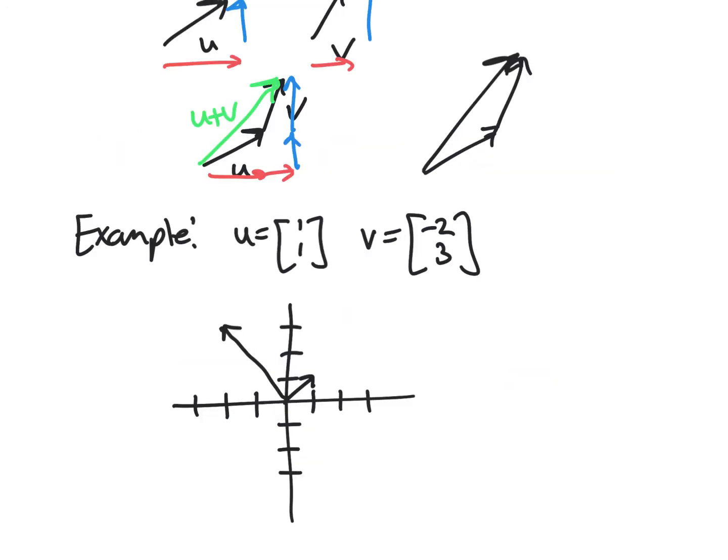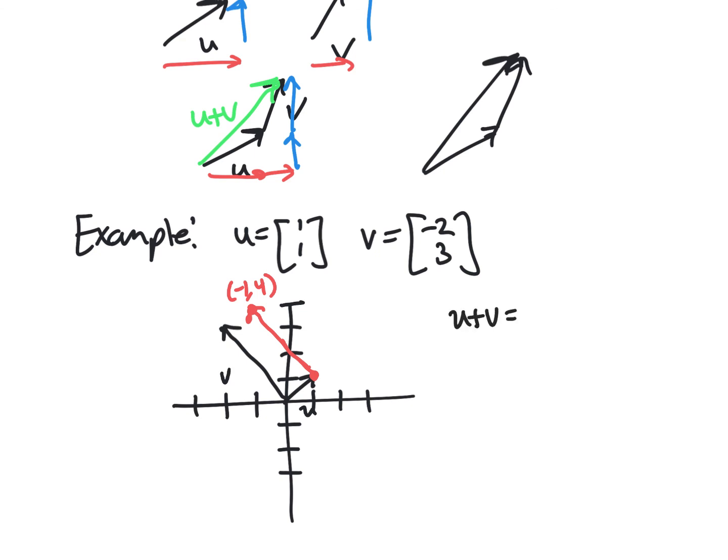All right, so I've gone ahead and drawn U and V here. But again, I want to concatenate, so I want to actually go from the end of U and then do V, right? And so I'm just going to take this V here. All right, and so it looks like it ends up around -1, 4. So let's check that the algebra actually matches the geometry here.